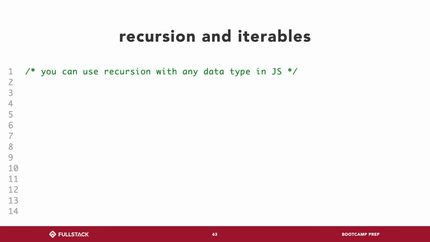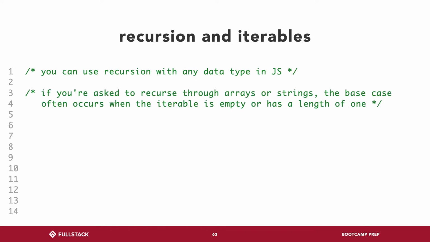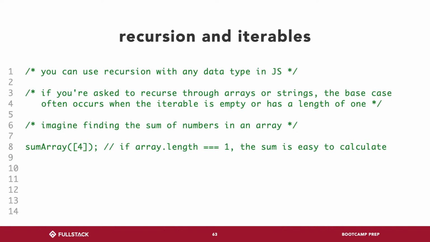So you can use recursion with any data type in JavaScript. If you're asked to recurse through arrays or strings, the base case often occurs when the iterable is empty or has a length of 1. So imagine finding the sum of numbers in an array. sumArray of [4]: if array.length equals 1, the sum is easy to calculate, right?